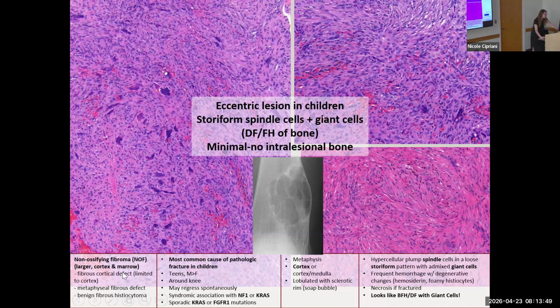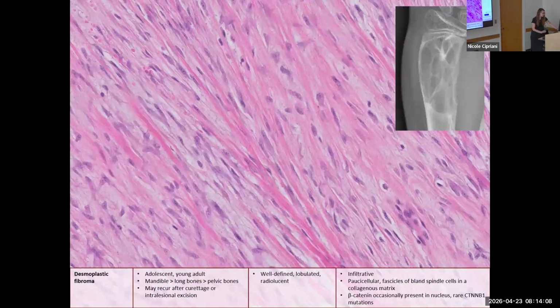The other names for NOF are listed here on the left. These can be associated with syndromes, including NF1 or KRAS germline gene mutation, or sporadic KRAS or FGFR1 mutations, if you ever need to use that for diagnostics. So basically benign fibrous histiocytoma-ish of bone. Desmoplastic fibroma of bone is almost, I kind of like to think of as the desmoid tumor or the fibromatosis of bone.